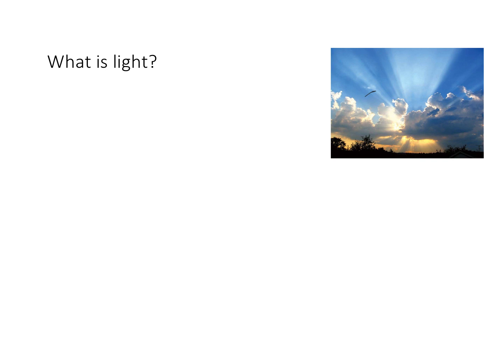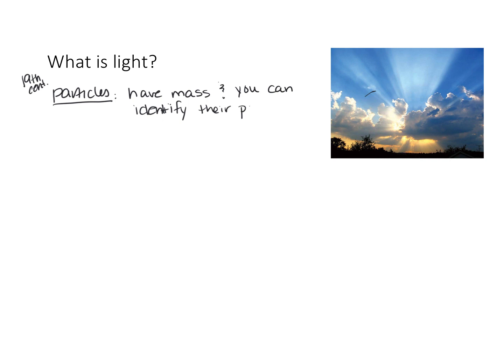Now, as we continue on historically, there were two thoughts here in the beginning of the 19th century. Okay, so there was this thought that particles have mass and you can identify their position.